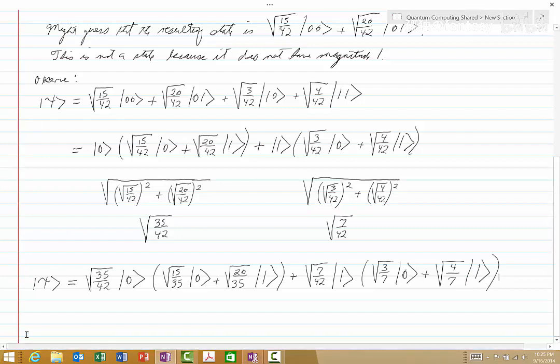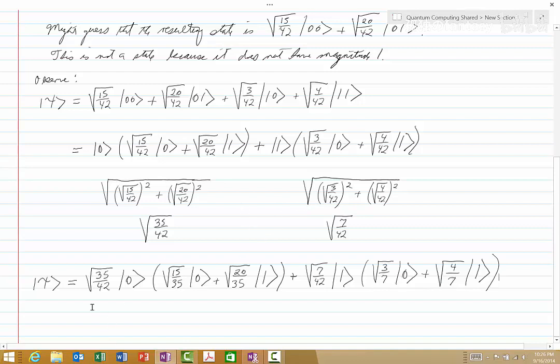And now we have a situation where we can easily see that this is a state, because this ket has a magnitude of 1. If we square this, we'd get 15 over 35 plus 20 over 35, which is 35 over 35. So this has a magnitude of 1. Likewise for this, we square the first term, we get 3/7. Square this, 4/7, and 3/7 and 4/7 is 1.